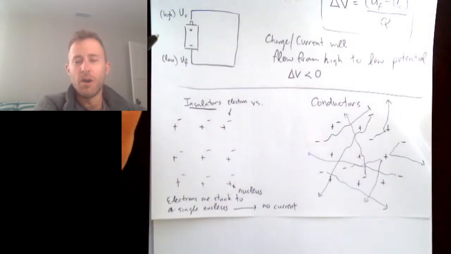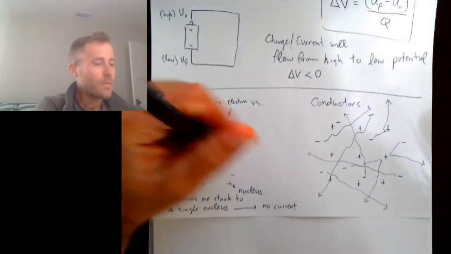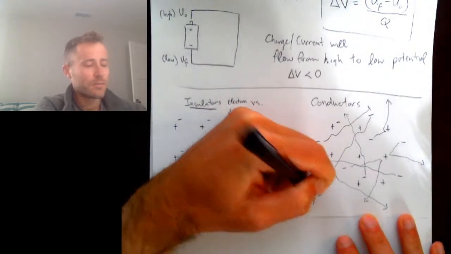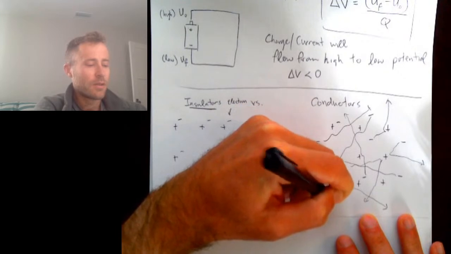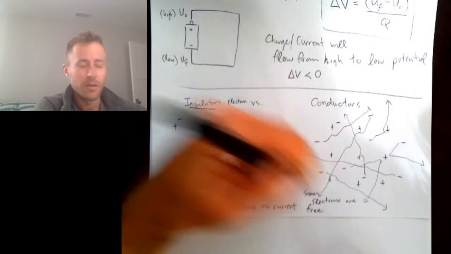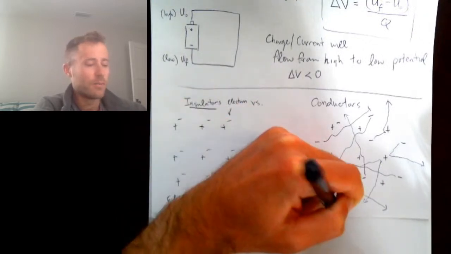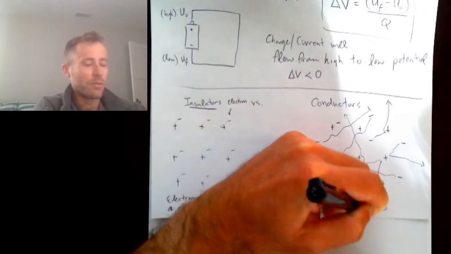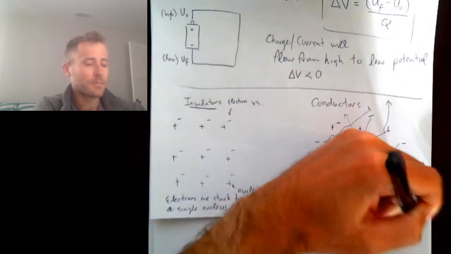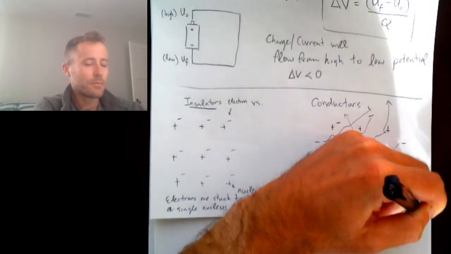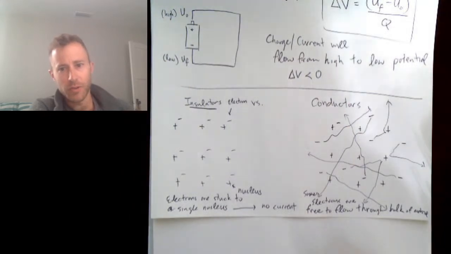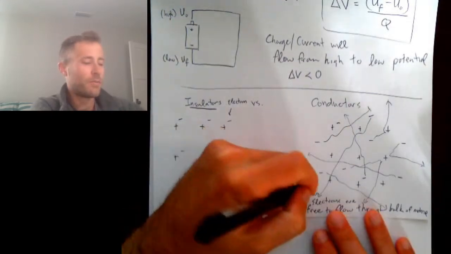So some electrons are free to flow through the bulk of the material. And so that means that current can flow.